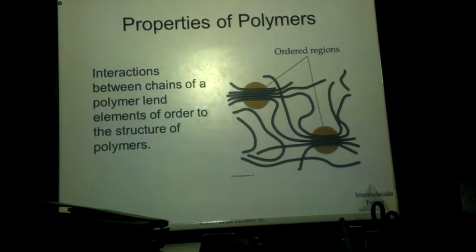Because we're repeating that, it gives us some type of structure. Because we have that repeating unit, some type of pattern, some type of organization, it will at least contribute to the strength of it.